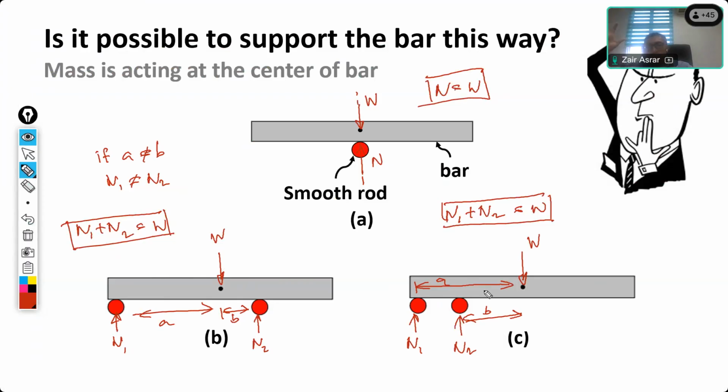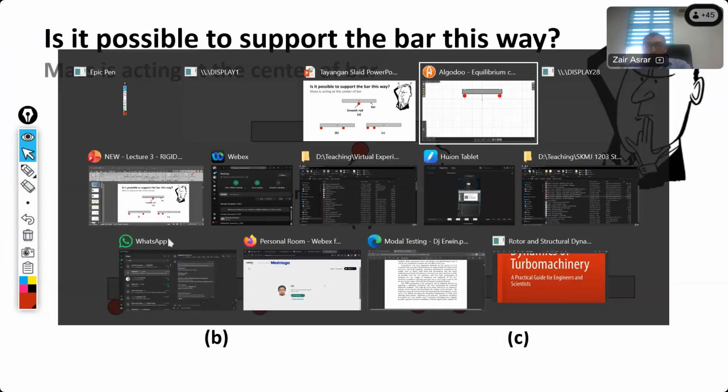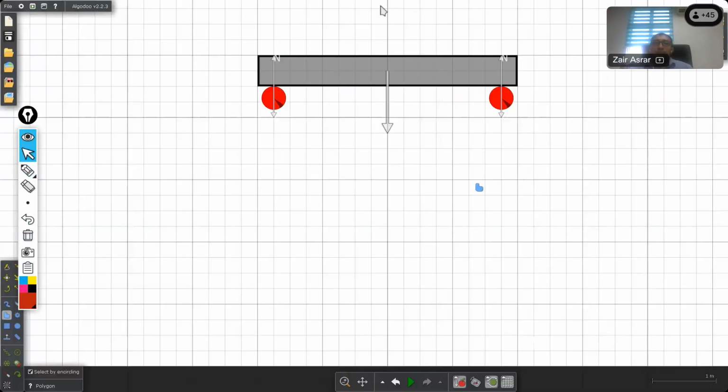But what gives here? What happens such that the object is now no longer in equilibrium? It starts to move. The easiest way for me to demonstrate that, let me clear this up and go back to our simulation here.